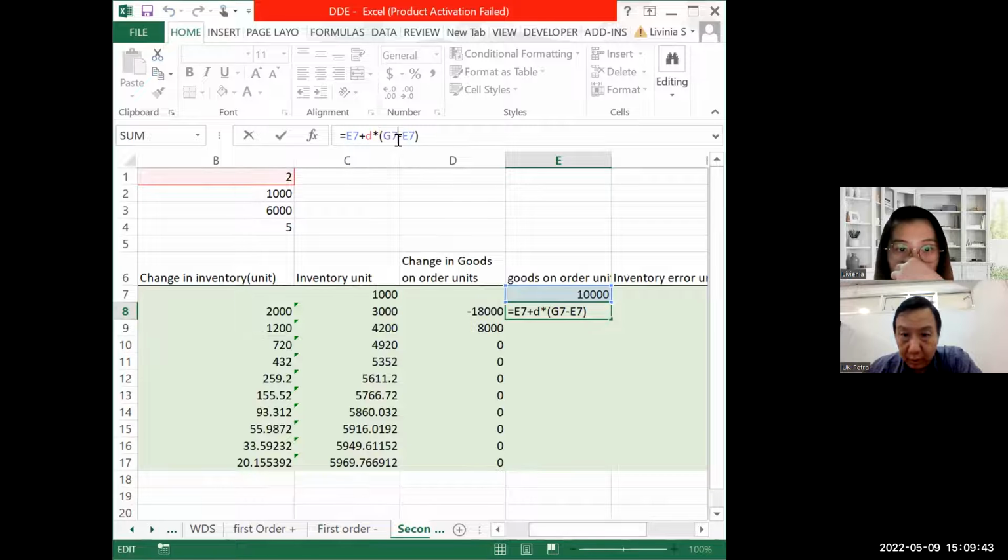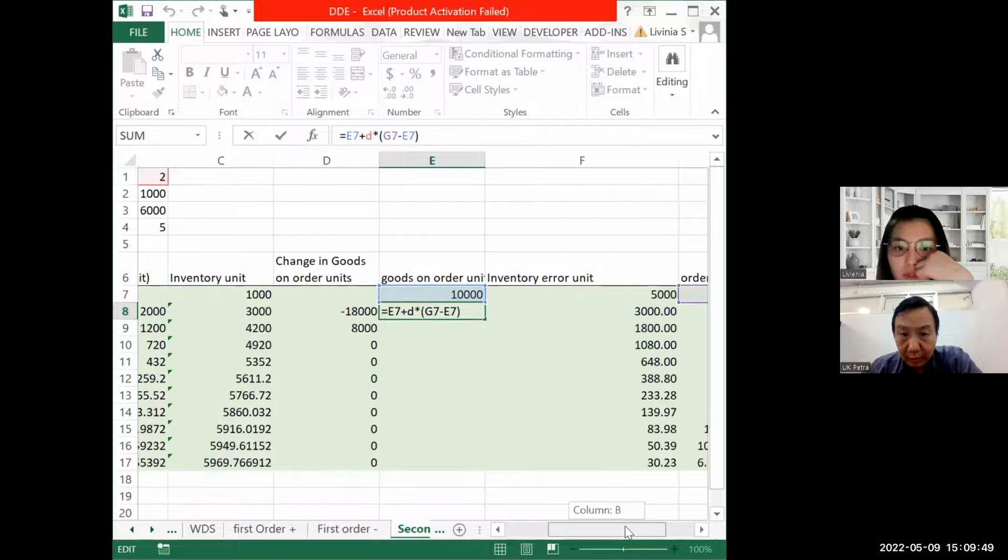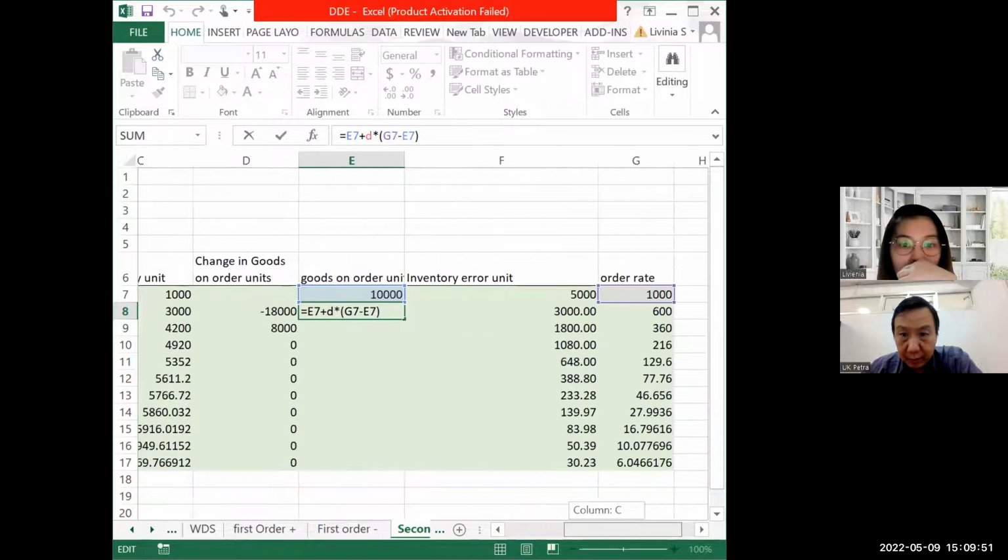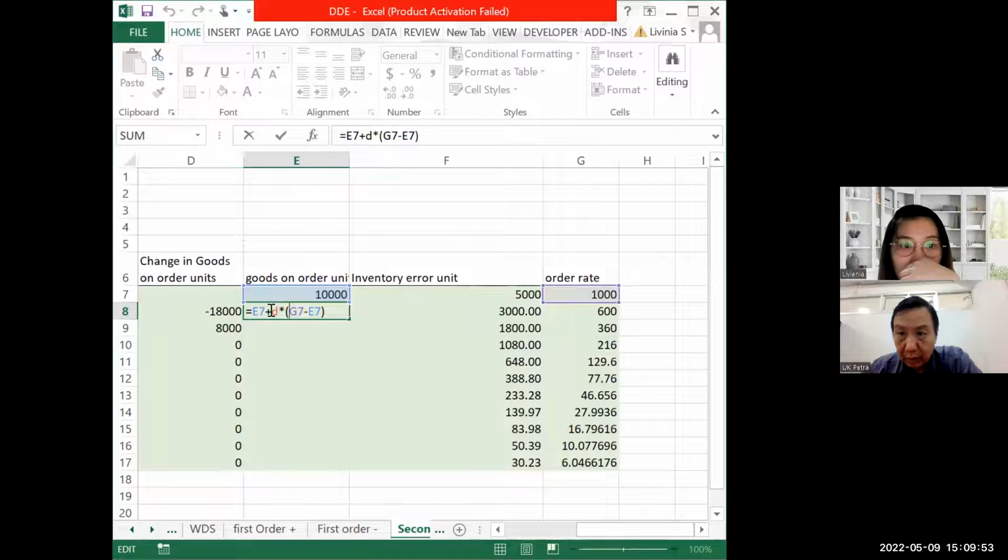Change in... put in order first. This one, earlier. Then this one.